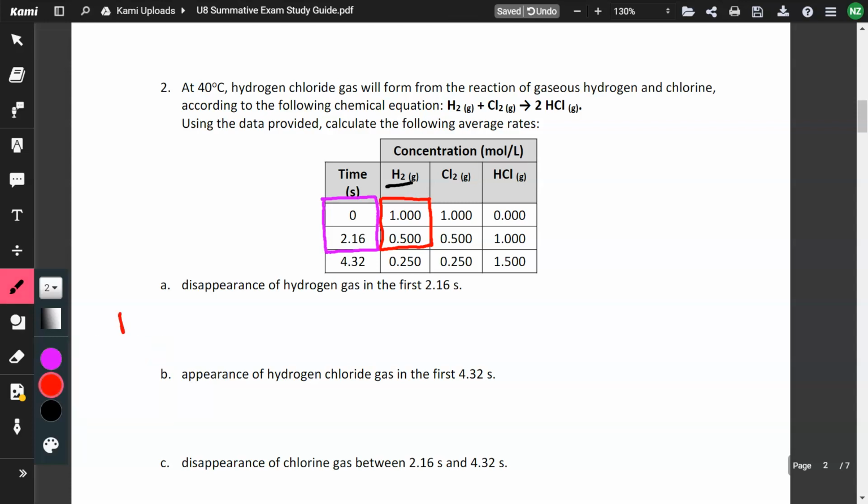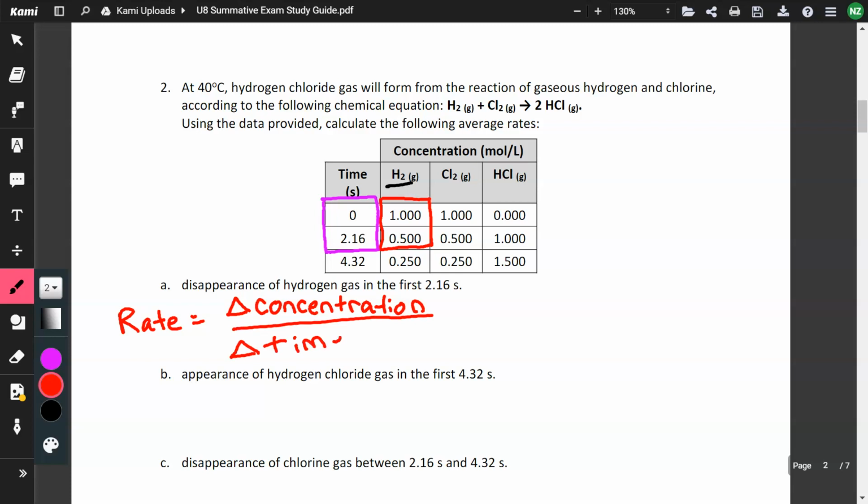So rate is equal to the change in concentration over the change in time. So concentration goes from, at 2.16 seconds, it goes from 0.5 to where it started, which was 1, over the time, 2.16 minus 0.